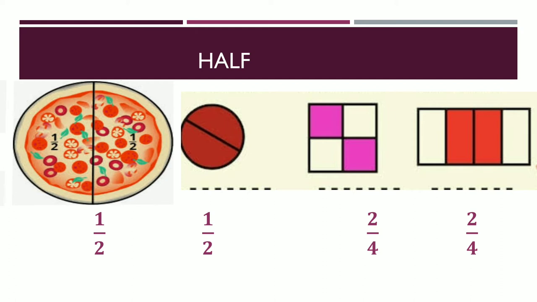The rectangle is divided into 4 equal parts. The 2 parts are colored, so it is shown as 2 upon 4. Now we learn equivalent fractions.